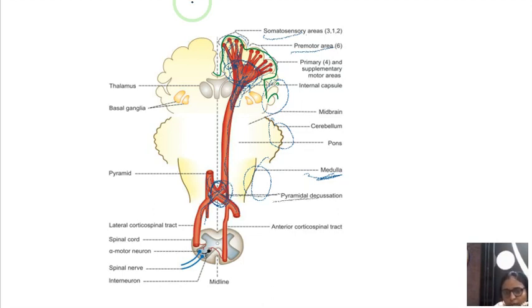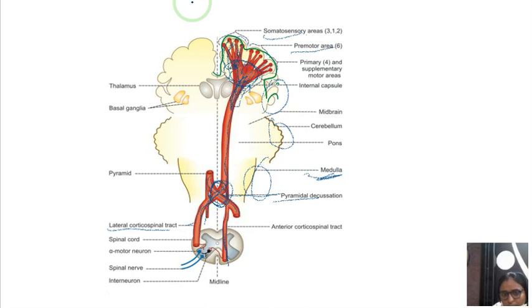And 80% of the fibers are crossed. They are named the lateral corticospinal tract, which we have discussed. The remaining 20% of the fibers terminate downwards on the same side, but at the spinal level they also cross through the internuncial neurons. I told you which are internuncial neurons.